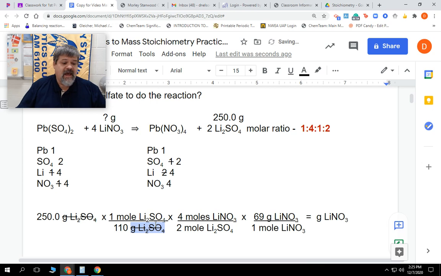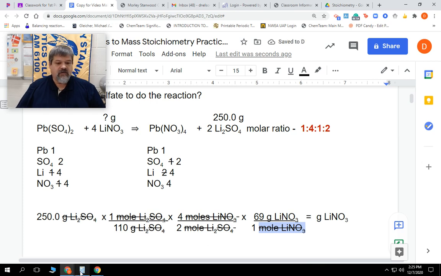And again, remember, we have to have it on top and bottom. This is a good way to double check, because if you don't have it on top and bottom, you did something wrong. Don't just automatically get rid of it. Make sure you're double checking. Moles of lithium nitrate on top, moles of lithium nitrate on bottom. So that's good. So I'm left with grams of lithium nitrate.